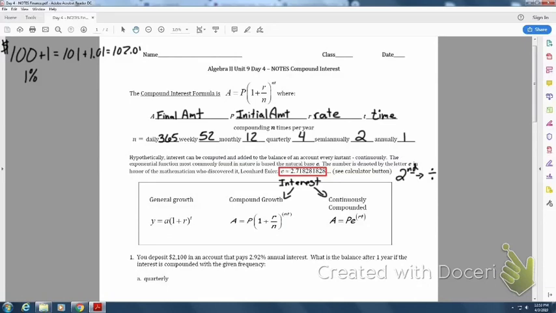If it says that it is compounded daily, weekly, monthly, quarterly, semi-annually, annually, any of those that we just listed, you're going to use the compound growth formula. If the problem has the word interest in it, and then it says that it is compounded continuously, you're going to use that formula right there. You will hear me refer to that as a PERT. You just read it, a PERT.